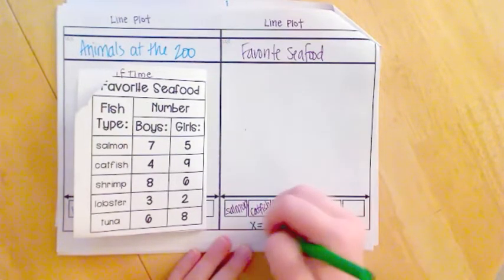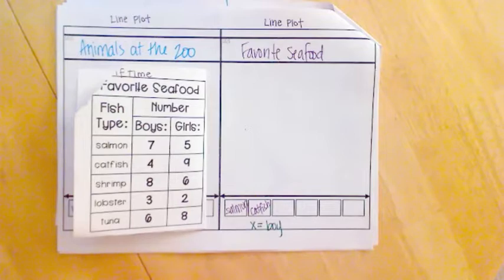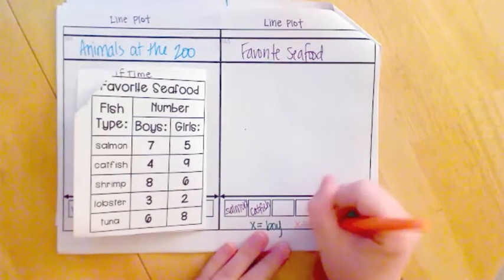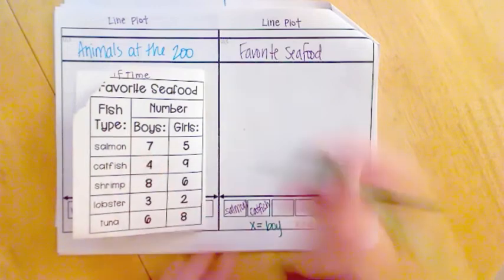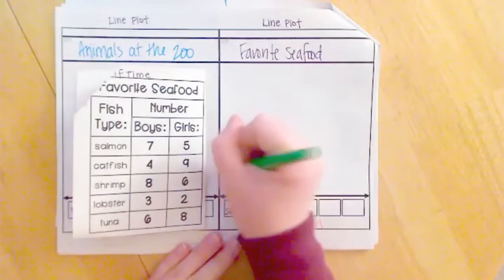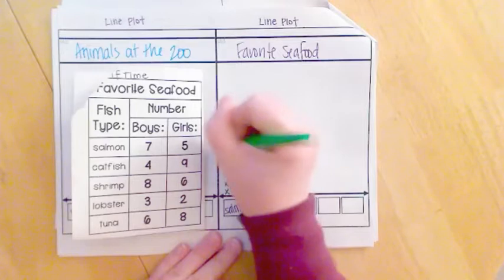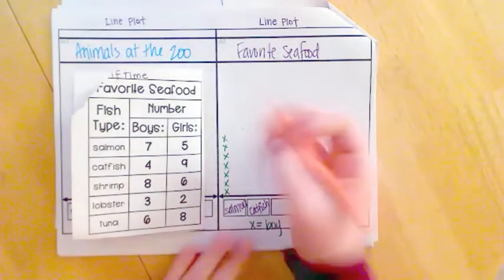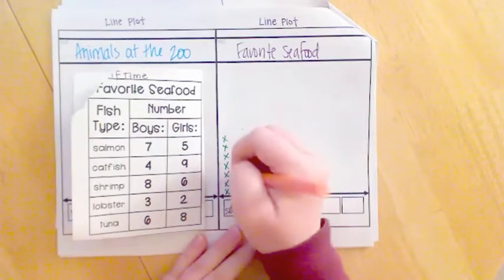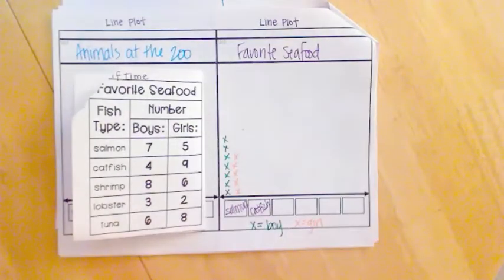A green X equals a boy, and an orange X equals a girl. So 7 boys. 1, 2, 3, 4, 5, 6, 7. Only use half of the salmon space. 5 girls. 1, 2, 3, 4, 5. And that's how you would do that. So best of luck, guys.